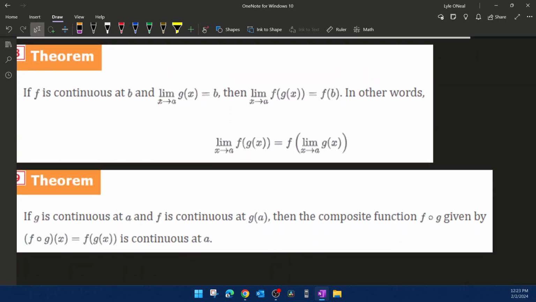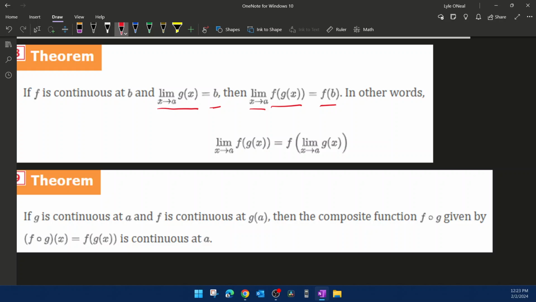Next theorem: if f is continuous at b, and the limit as x approaches a of some g of x is b, then the limit as x approaches a of the composition of functions will be the same as the function value at b.